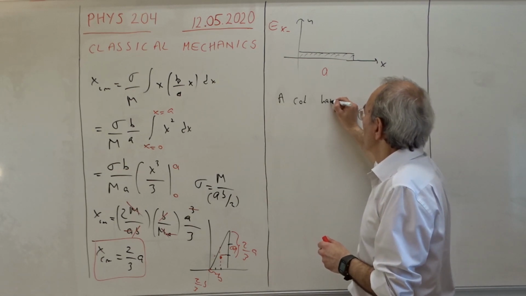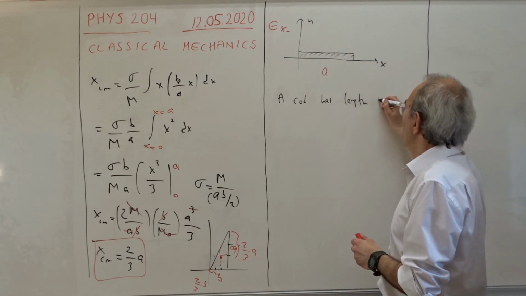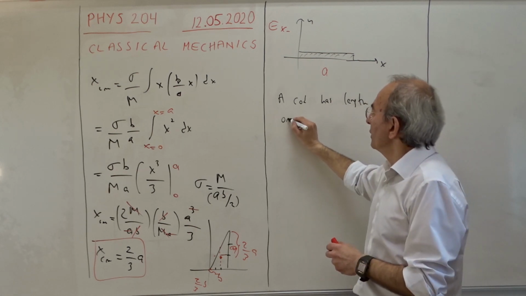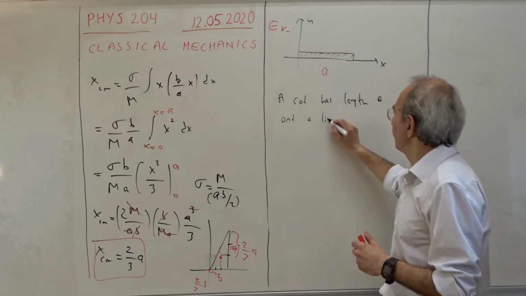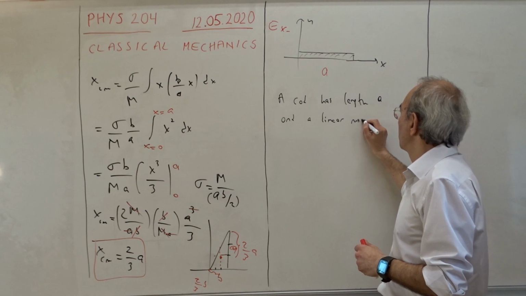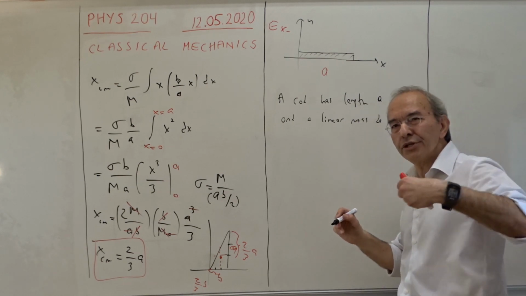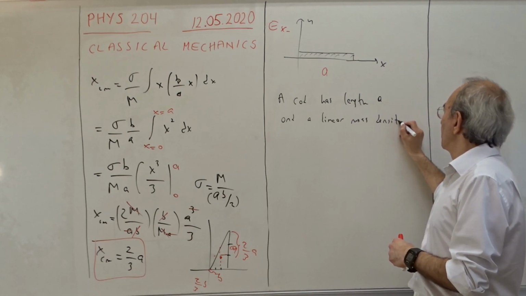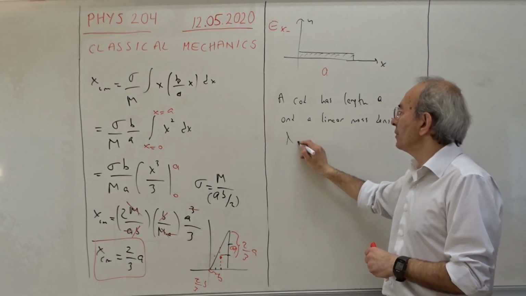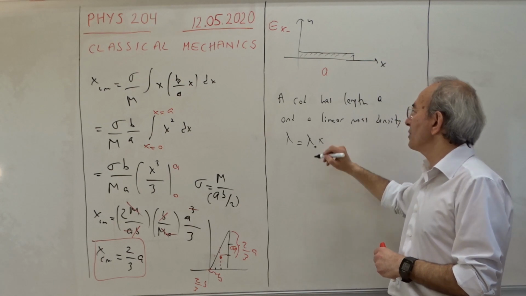A rod has length A and a linear mass density, just like the linear charge density in electricity. The linear mass density lambda is equal to some lambda 0 times x.